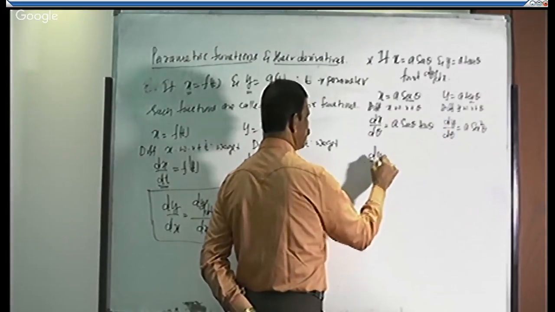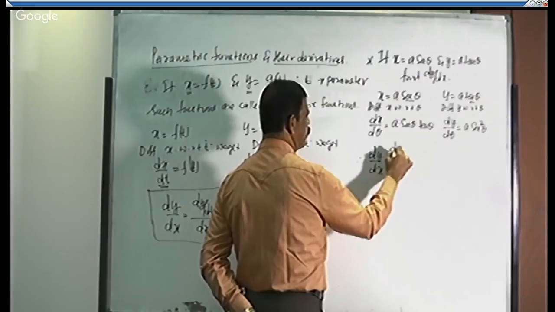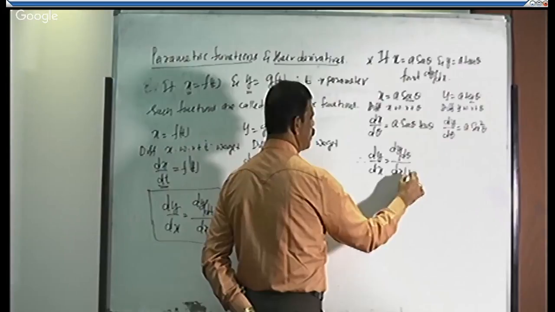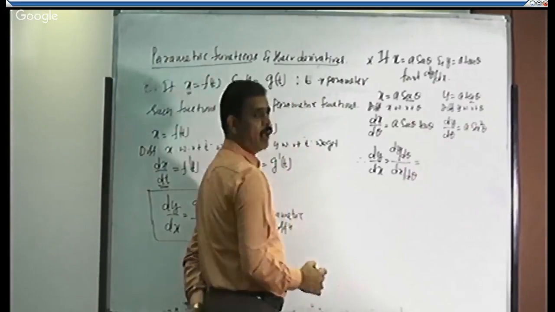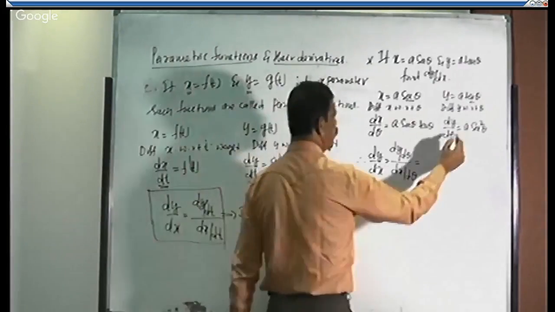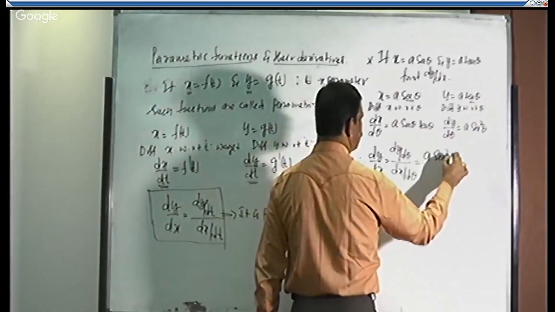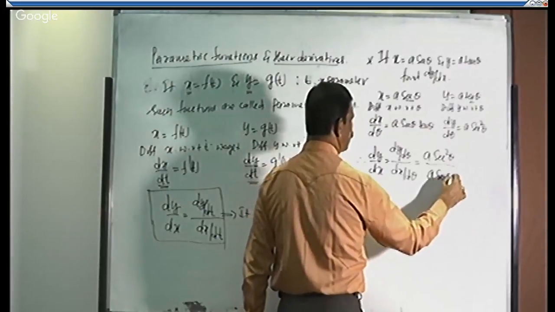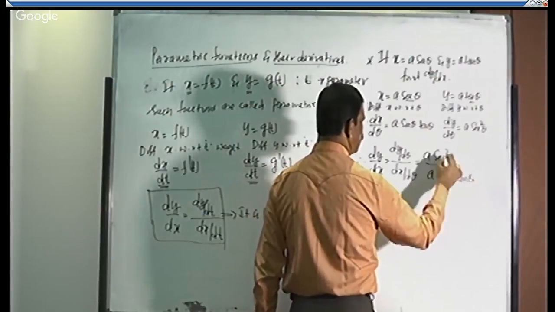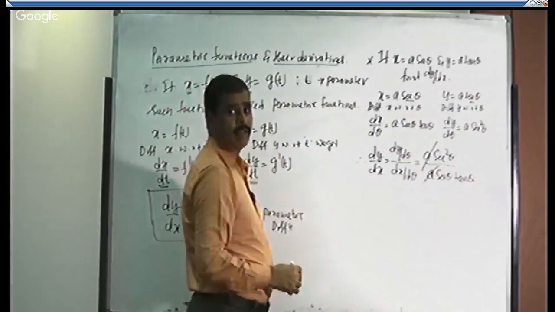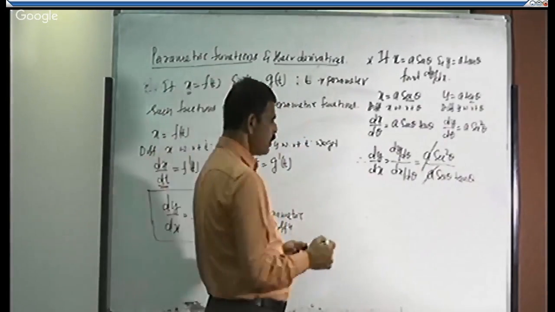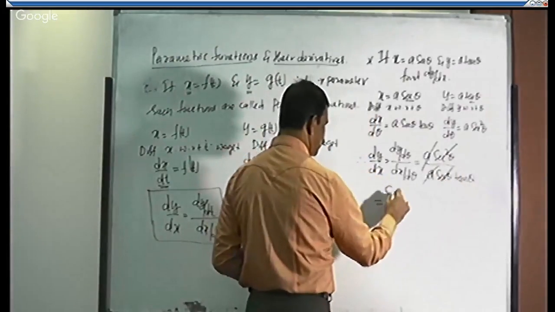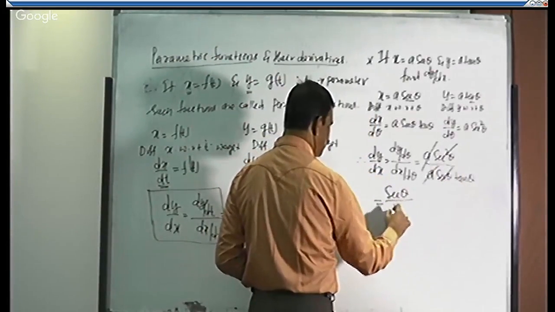Therefore, dy by dx is equal to dy by d theta divided by dx by d theta. That is a secant square theta divided by a secant theta into tan theta. The a cancels, and you can cancel one secant. Remaining is secant theta divided by tan theta.